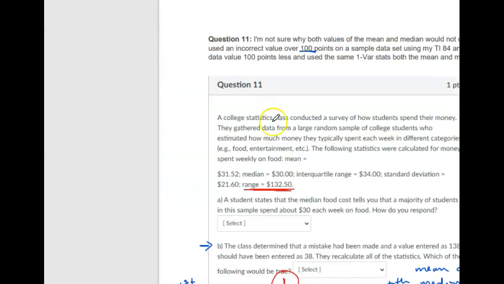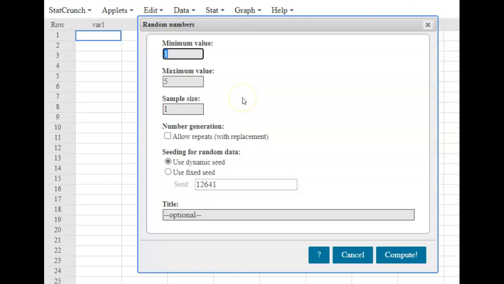If the range is 132.5, I'm going to go from 138 to 2.5. Just give me a second. So 138 minus 132.5, I'm going to go from 5.5 as the minimum and 138 as the maximum. Let's assume that it was written down wrong and it was the highest value. And I want 100 of them.